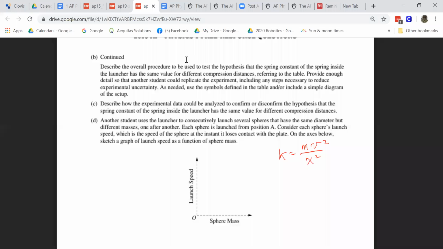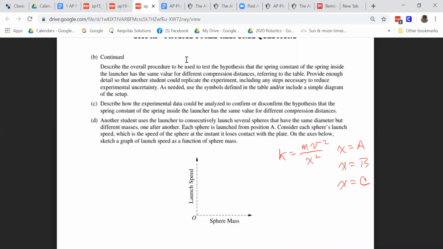I mean, you could solve for K where x equals A, and x equals B, and x equals C, and make a table and compare what K is.